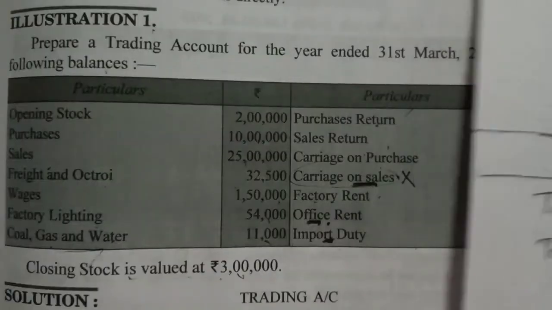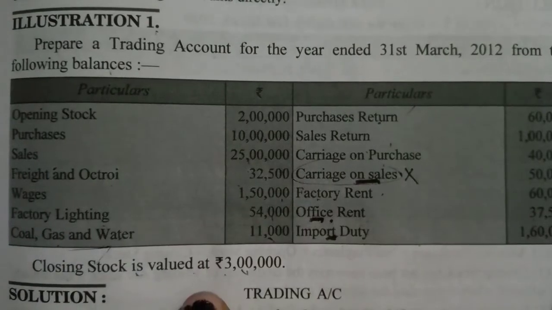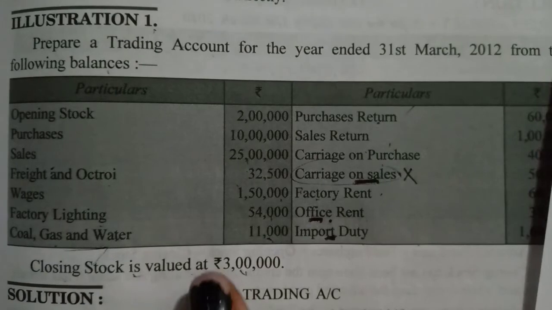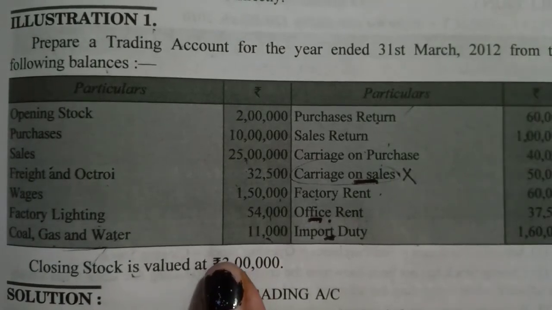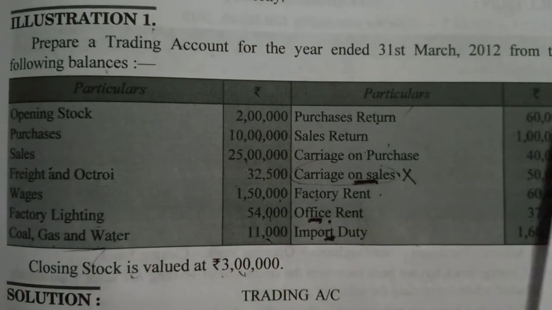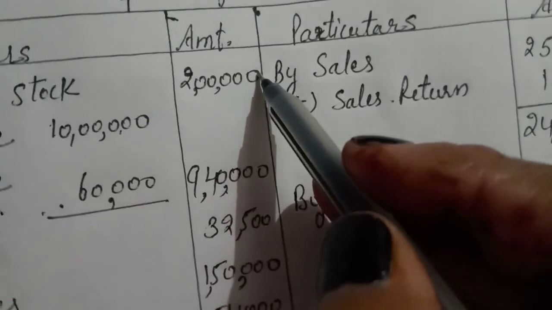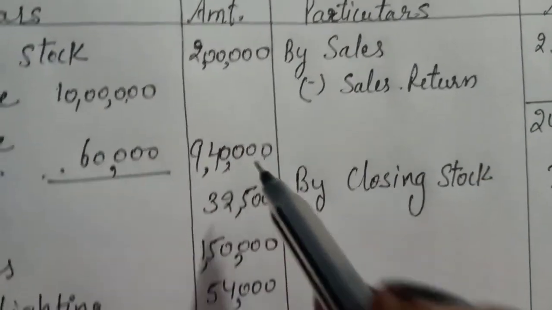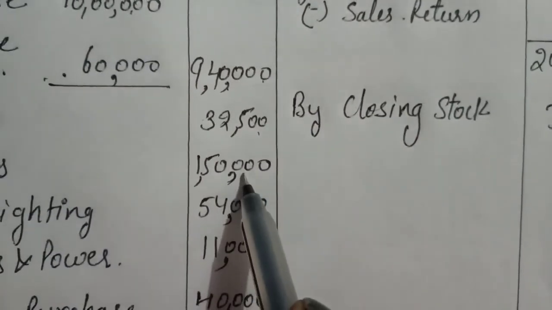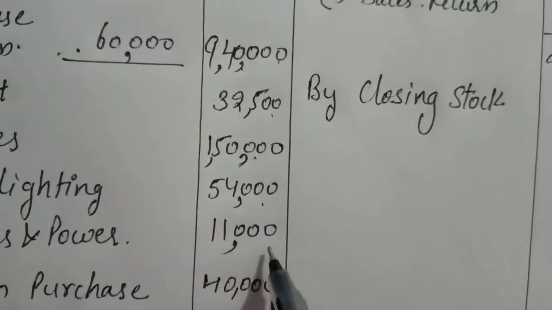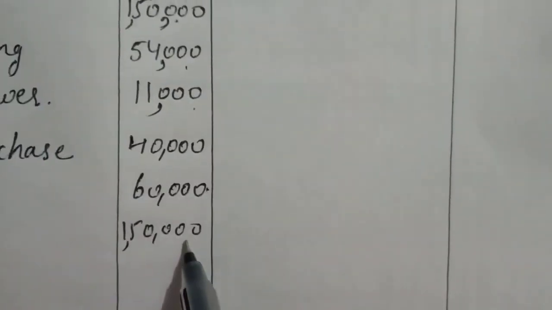Understood? All items we have recorded. Is it clear how to record all the items? Now you have to find out whether there is gross profit or gross loss. So you have to add 2 lakh, 9,40,000, 32,500, 1,50,000, 54,000, 11,000, 40,000, 60,000 and 1,50,000.